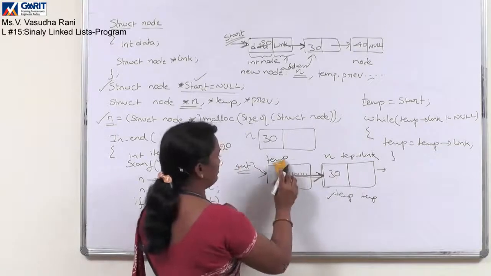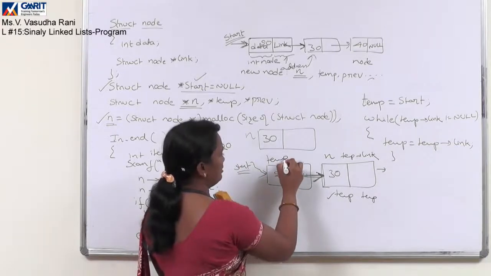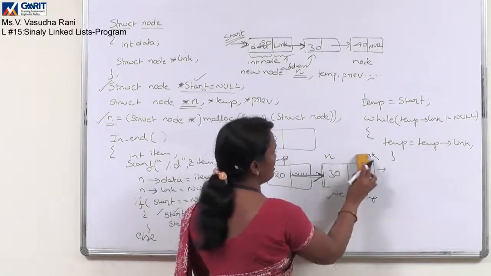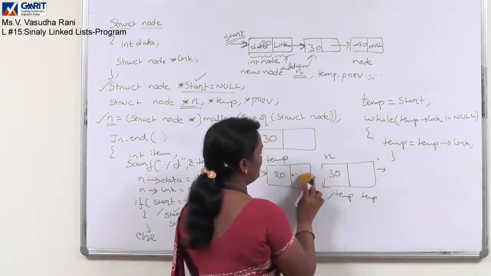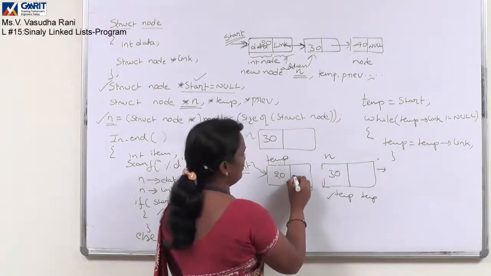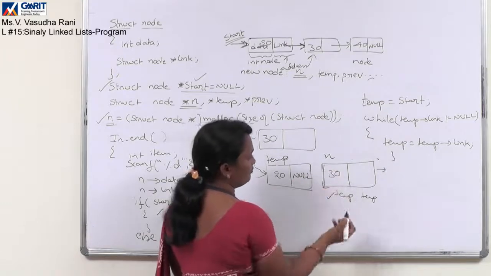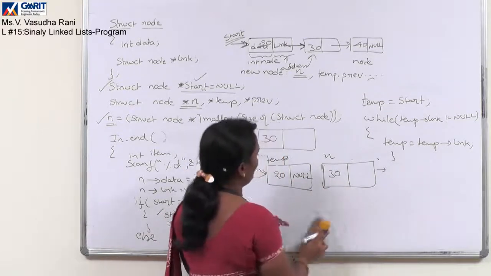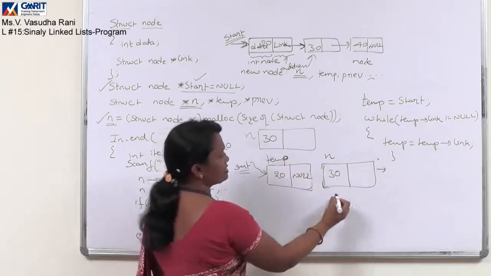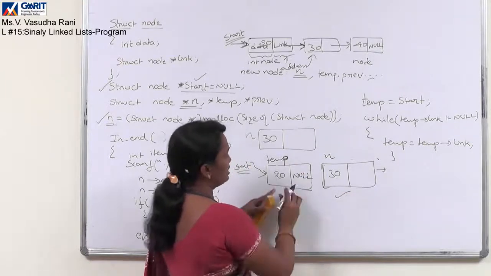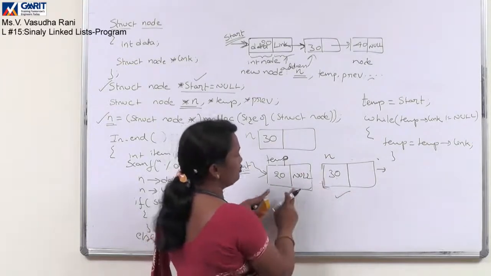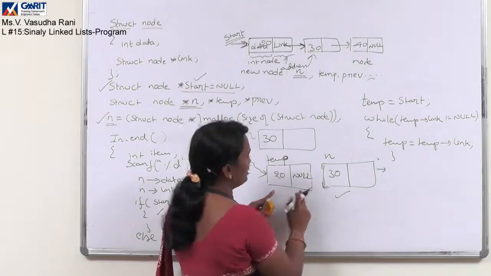So now this is our last node and this is our end node to be inserted. This is our temp node and this is our new node to be linked to this. So here to connect these two nodes, how are we getting the things?